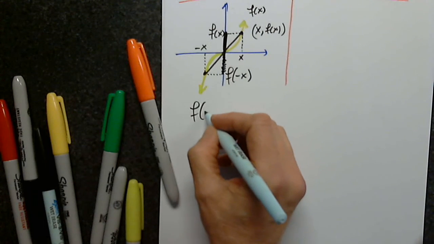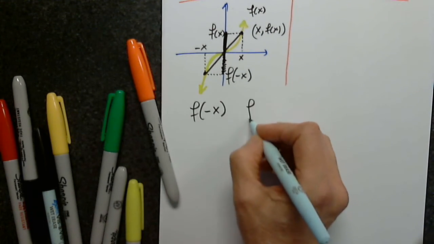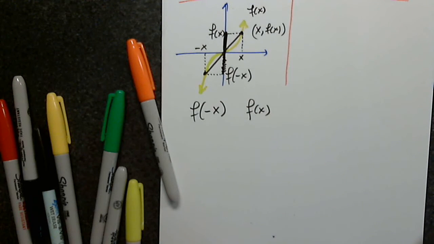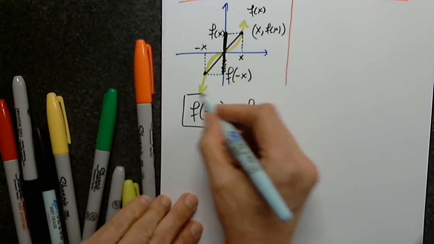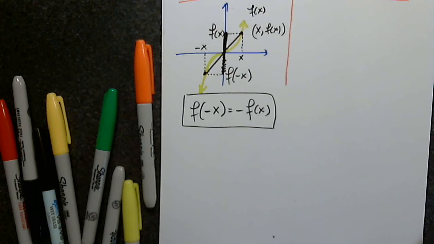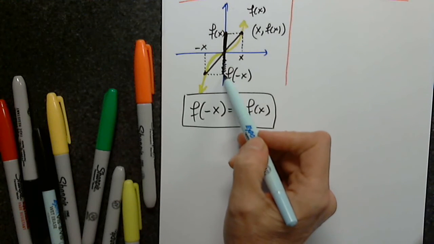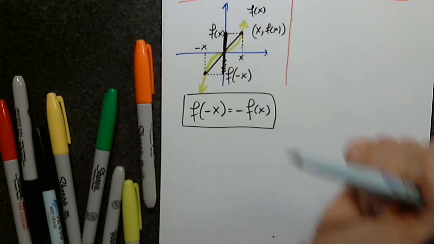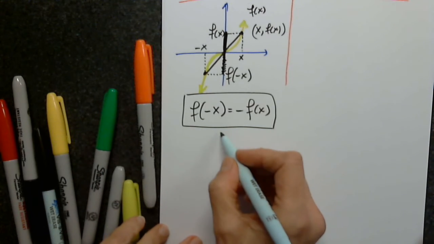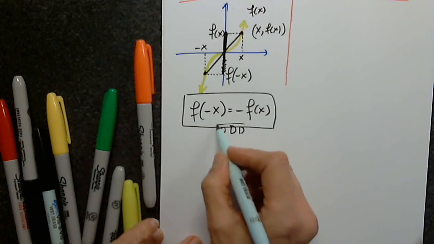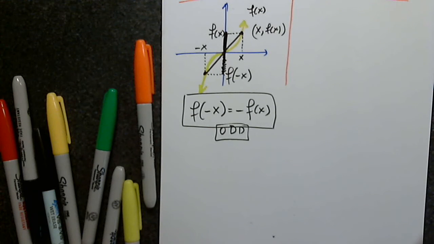So what is the relationship between f of negative x and f of x? The distance has to be the same, in opposite sides. Perfect. In other words, f of negative x must be the opposite of f of x. So this number must be the opposite of this number. Good. So this is always the case for an odd function.